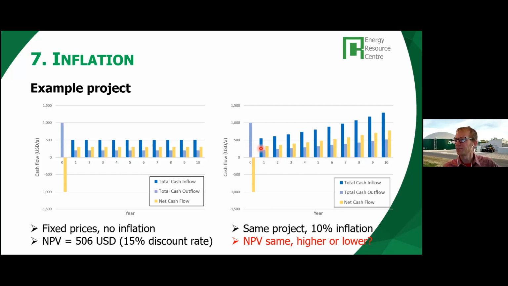So all these cash flows which will grow over the years are all discounted, but in each year the undiscounted cash flow will be higher, and the discounted cash flow will be higher than in the case that there wouldn't be any inflation. So in fact, the net present value will increase when we include the inflation.